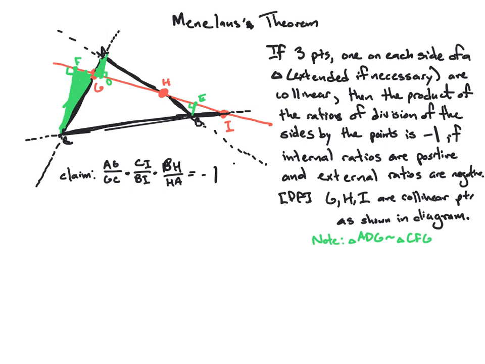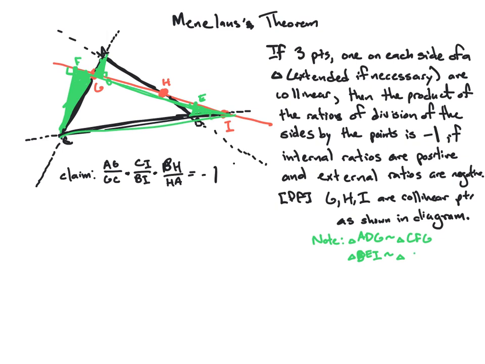Similarly, triangle BEI must be similar to triangle, well, we want to look at the one relative to C, so we're going to look at this big triangle right here. They share an angle and they're both right.